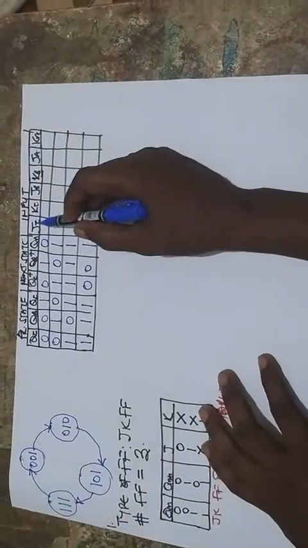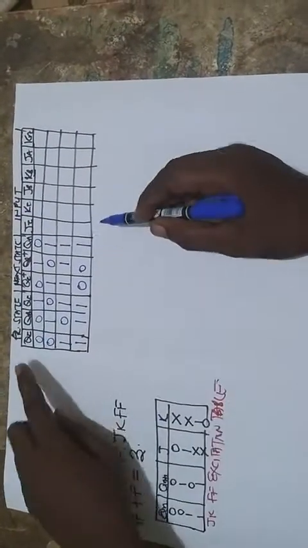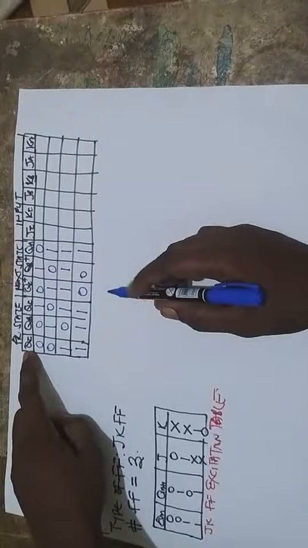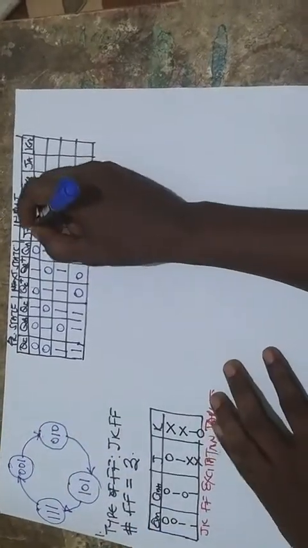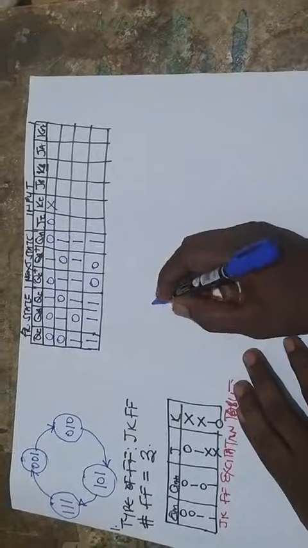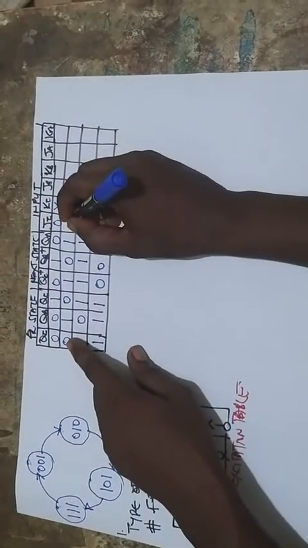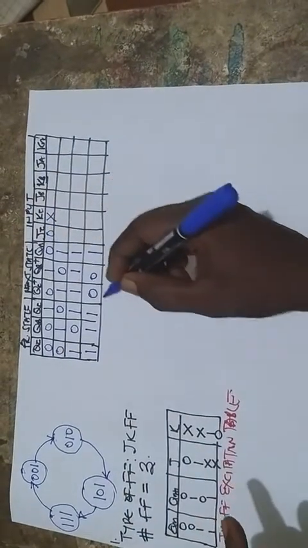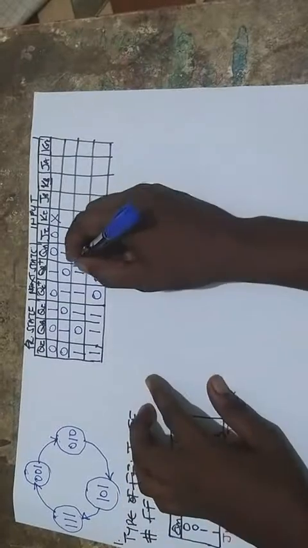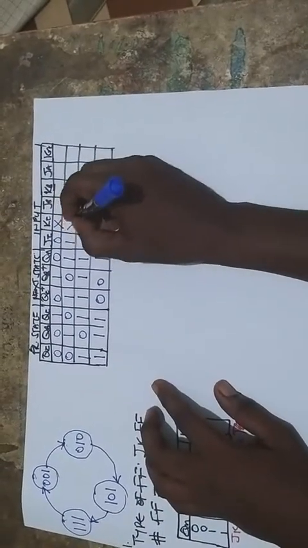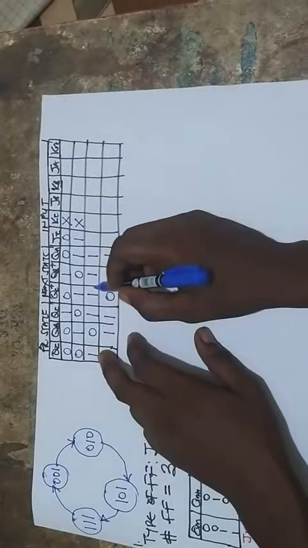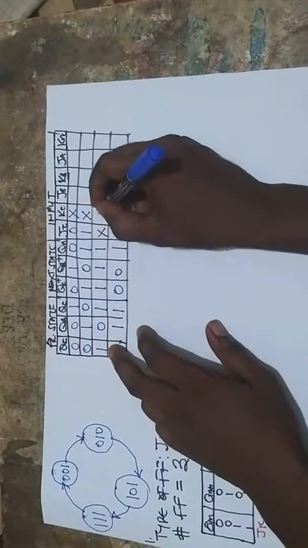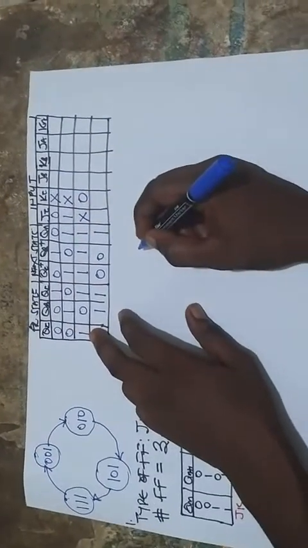So let's do it for JC. We pick the present state QC and the next state QC. So 00 is 0, don't care. 01 is 1, don't care. 11 is don't care 0.